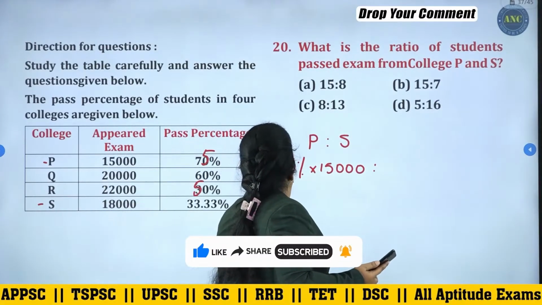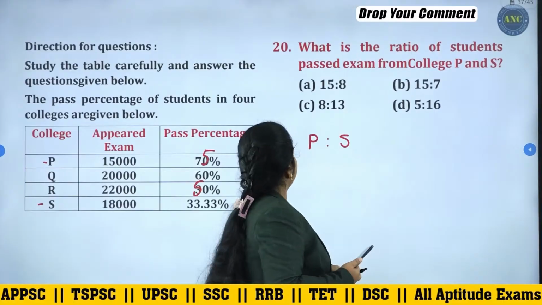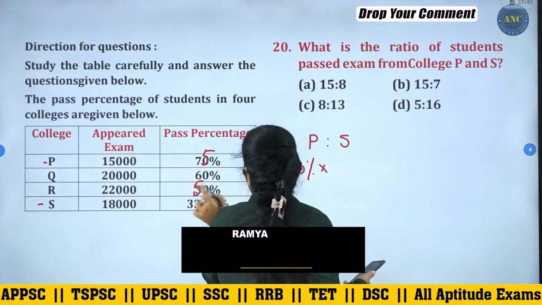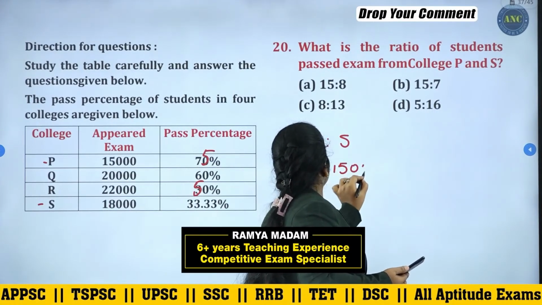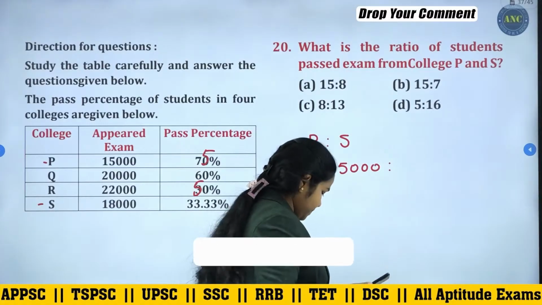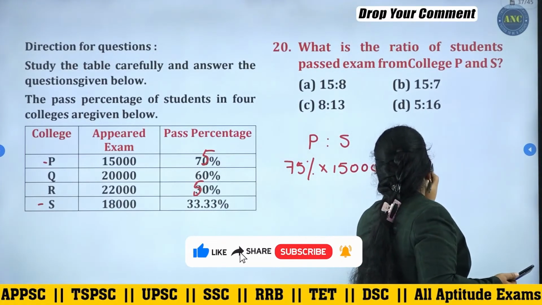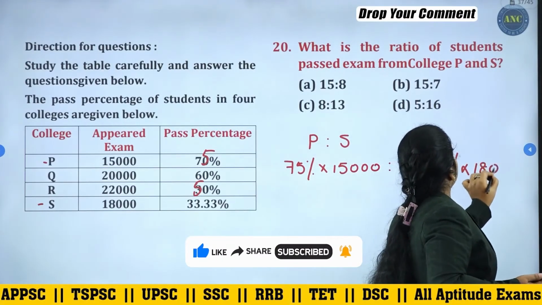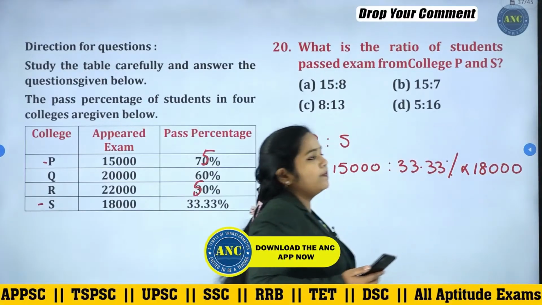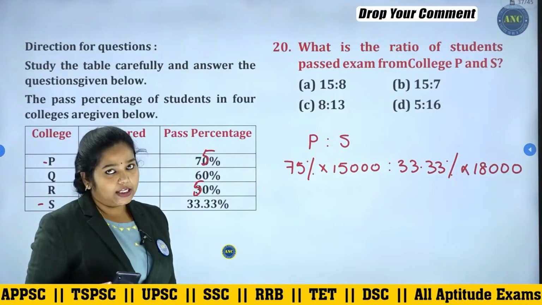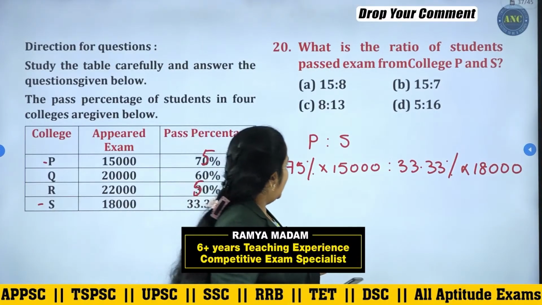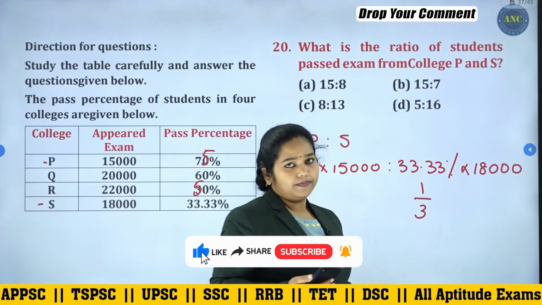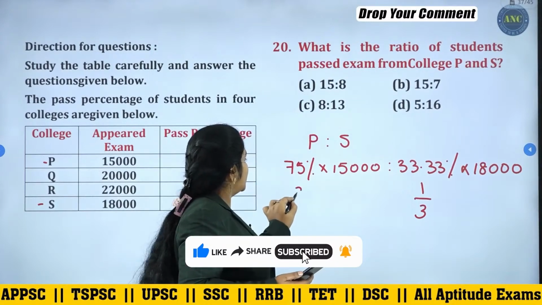So 75% of 15,000 is to 33.33% of how much? 18,000. 33.33% into 18,000. See, this 33.33% we can write as 1 by 3, and 75% is 3 by 4.